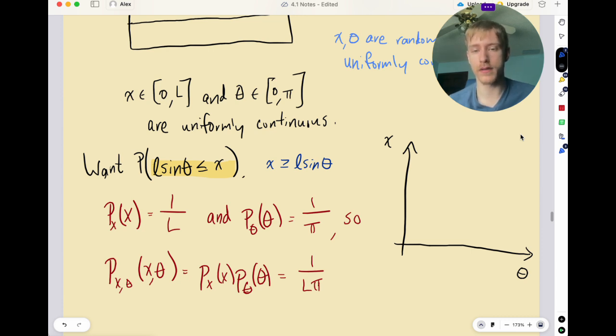So maybe we should actually graph x equals L sine of theta and figure out what that is. That's essentially going to be a sine curve with period pi. This is going to be the point pi. This is going to be the point L, and this right here is going to be the amplitude, which is lowercase l.